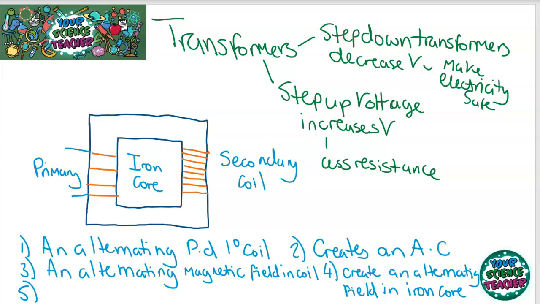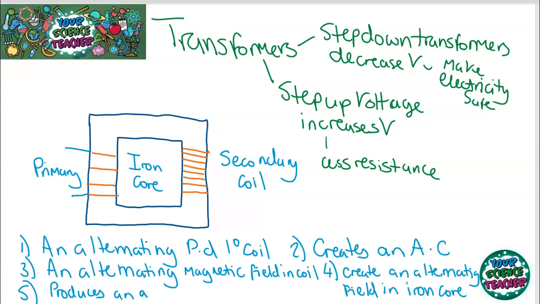And the last step is that it produces an alternating potential difference in the secondary coil.